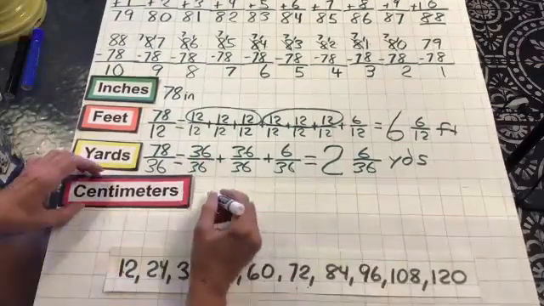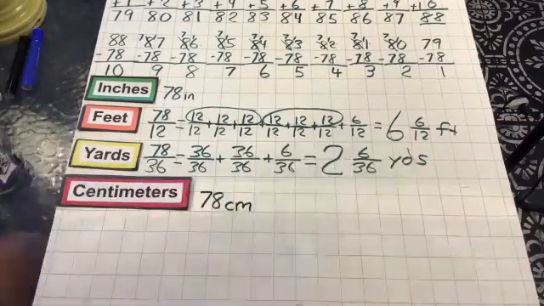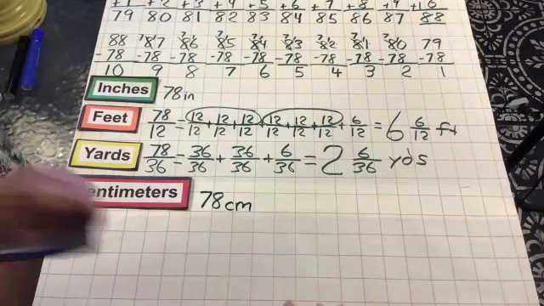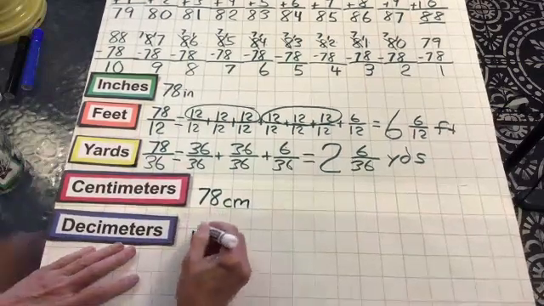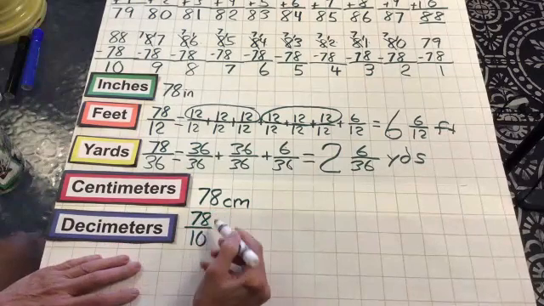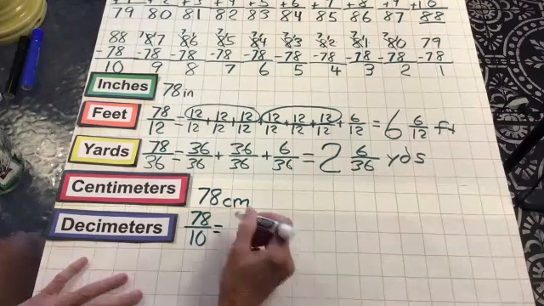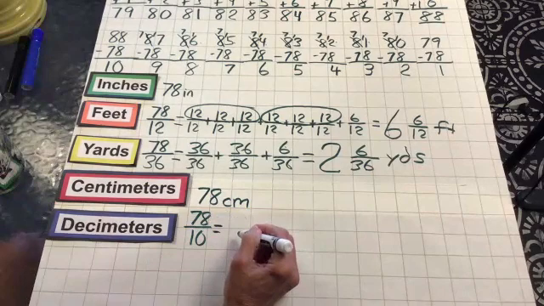All right, let's do centimeters. We have 78 centimeters, and we want to convert those 78 into decimeters. We know it takes 10 centimeters to make a decimeter. So we're going to put 78 over 10 and break that apart into tenths. We know we can get 7 tenths out of 78.